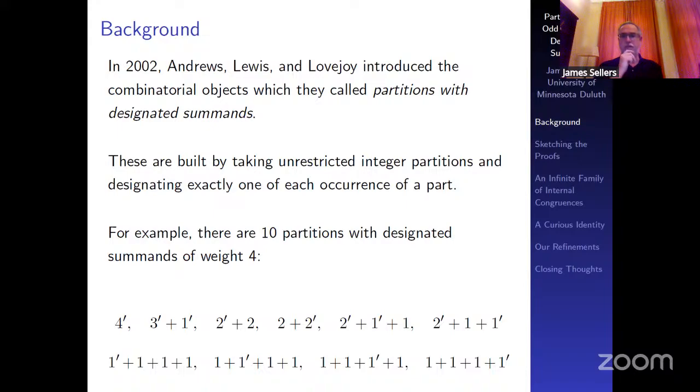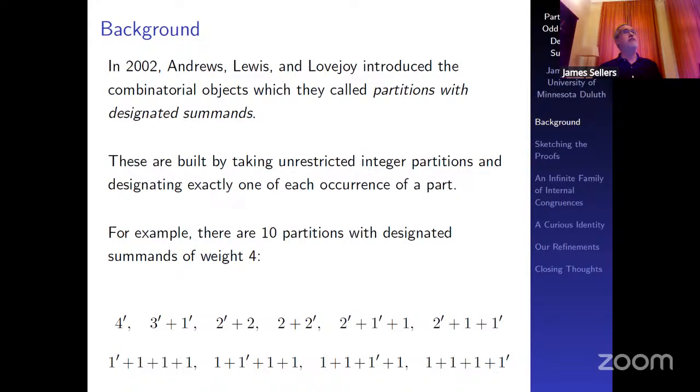So for example, at the bottom of the slide, you see the partition 1 + 1 + 1 + 1, and you see it 4 times because we selected either the first one, the second one, the third one, or the fourth one to mark as our designated summand. So I see 10 items here in this list. And again, I hope it's relatively clear how these differ from over partitions.